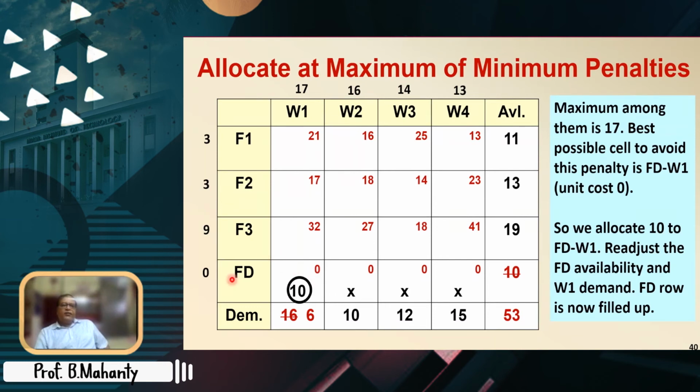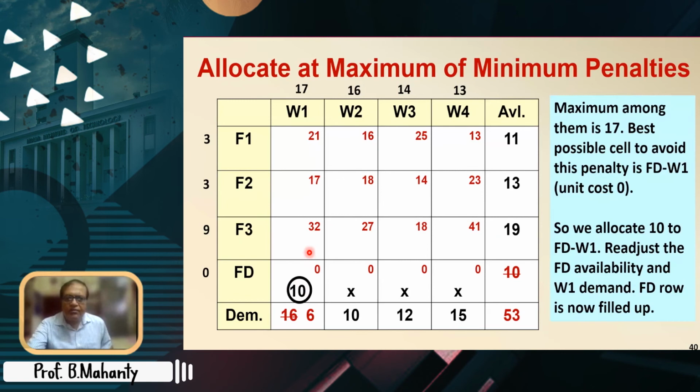It signifies that W1 has a demand of 16, but this 16 will not be met. Only 6 demand would be met and 10 items will come from the dummy factory, which essentially means it will not come at all. Right. So this is our first iteration of Vogel's approximation method.